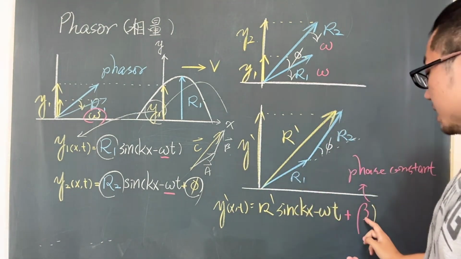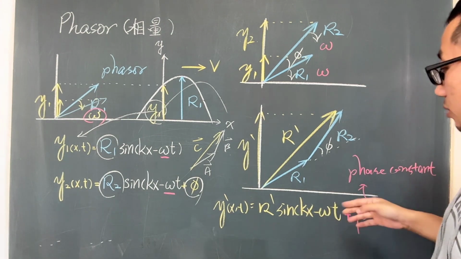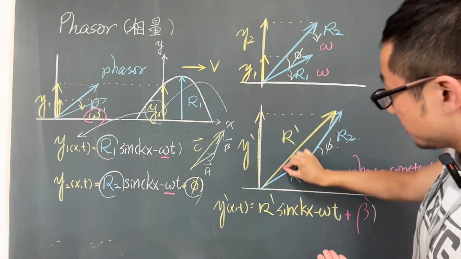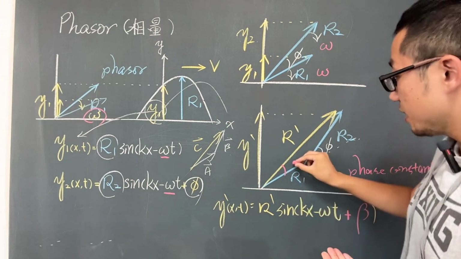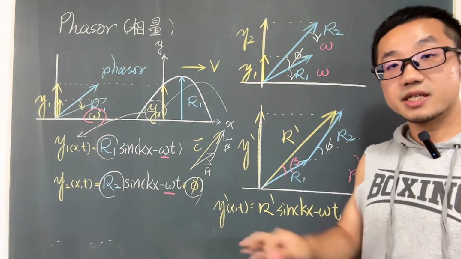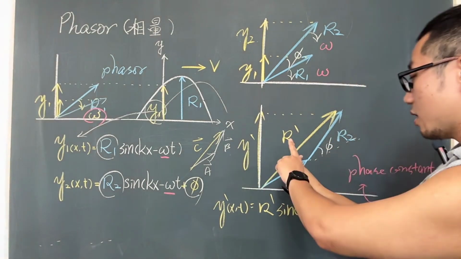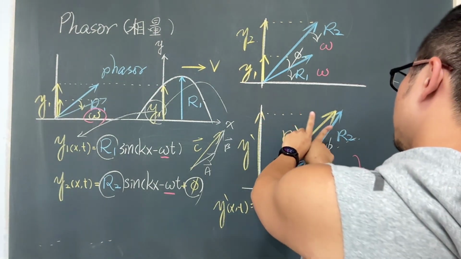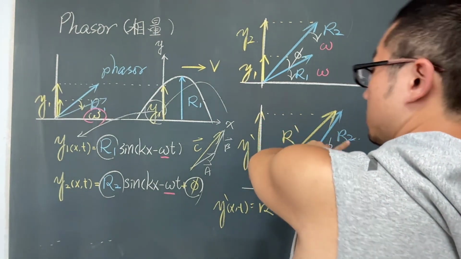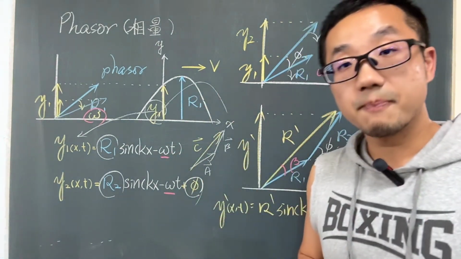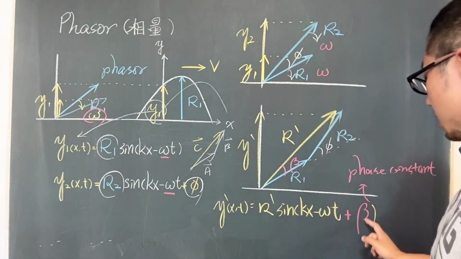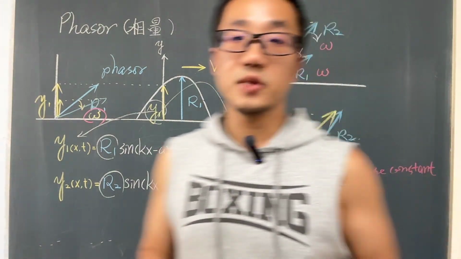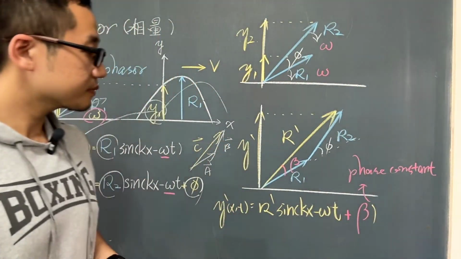So beta can be understood as the angle between the resultant phasor and the first phasor. This is beta. Beta is called the phase constant, and it should also be fixed. They are moving together with the same angular speed because they all have the same angular frequency. All right, so this is called the phase constant, beta. It will also be fixed.